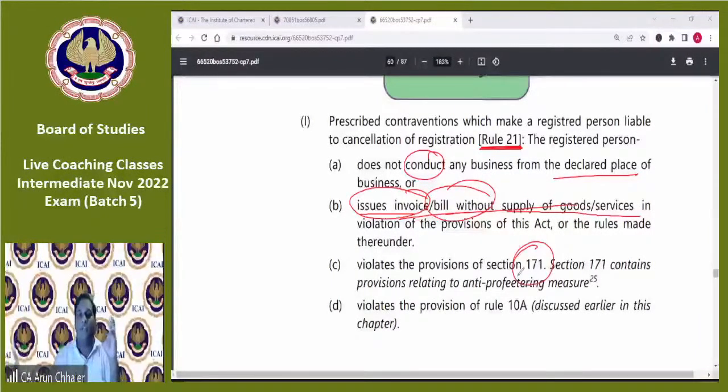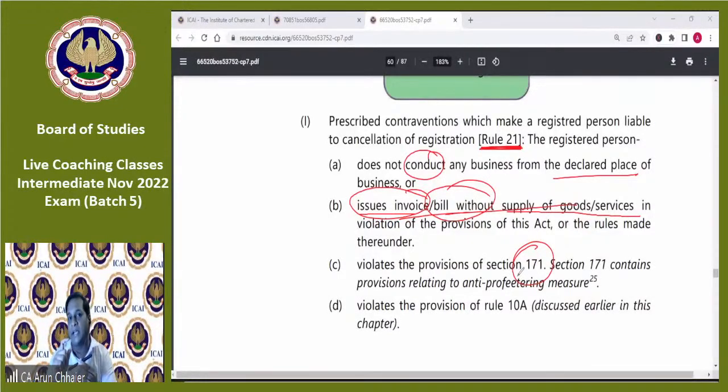Section 171 is the anti-profiteering provision. Just in short, I am explaining. For example, whenever there is a transition provision, let's say tomorrow the rate of taxes has been reduced. I am supplying this product to you at rupees 100, and today the rate of tax is 18%. Let's say tomorrow the government has reduced the tax from 18 to 5%.